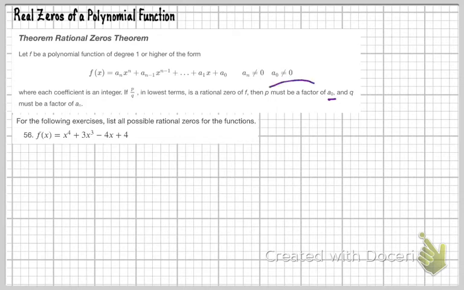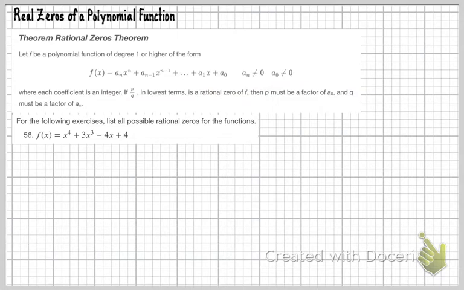So that means p goes into a naught evenly, and q must be a factor of a sub n. So that means q goes into a sub n evenly.